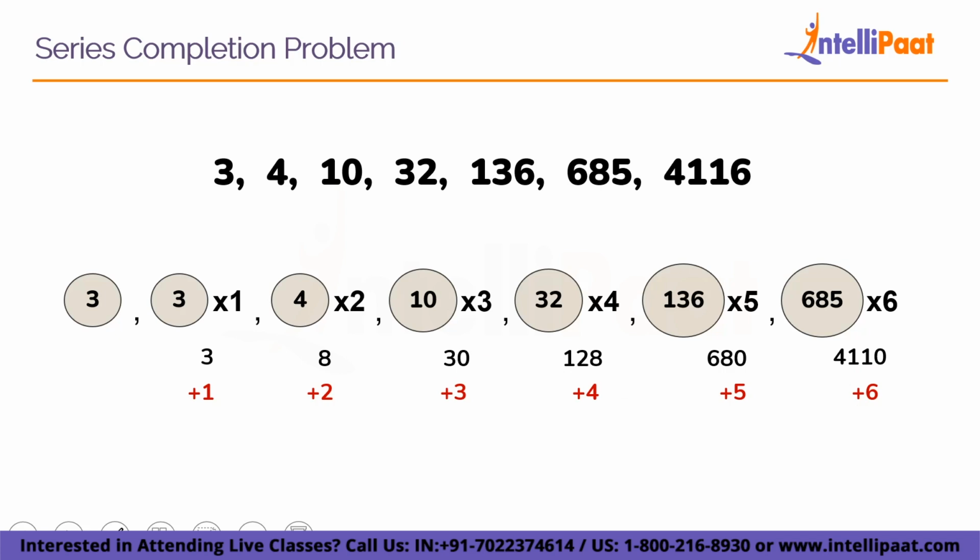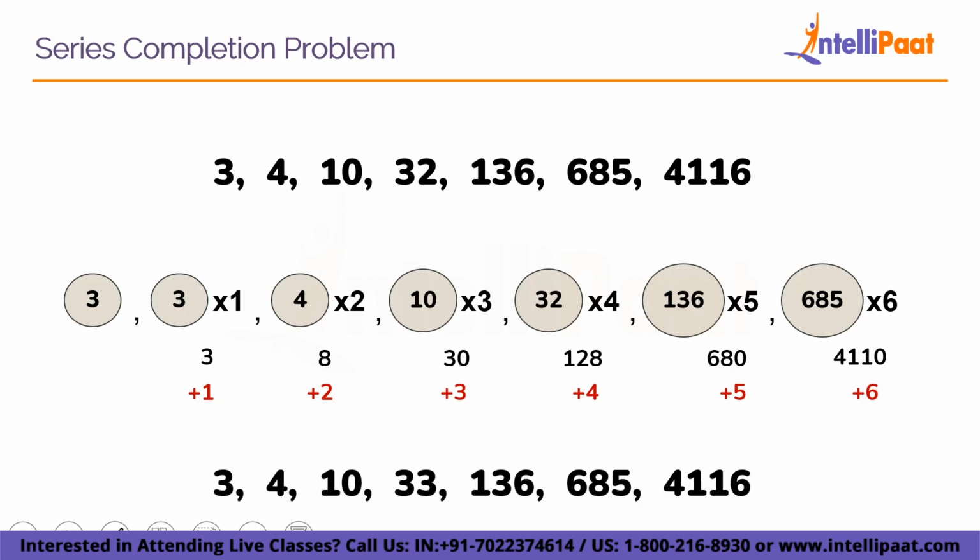Once you do that, you will get a pattern in this number series: 3, 4, 8 plus 2, 10, 30 plus 3, 33, 128 plus 4, 132, 680 plus 5, it is 685, and 4110 plus 6 equal to 4116. So now you can see that this number is different from this in the given series.